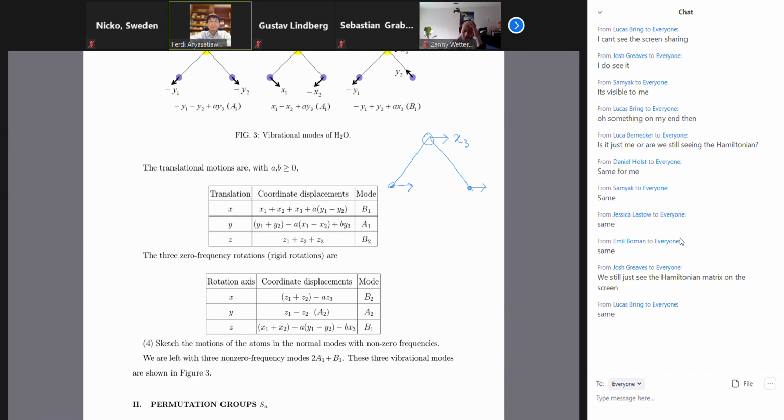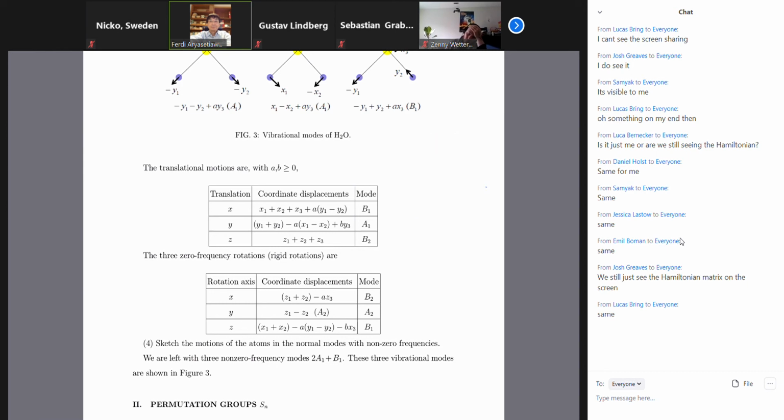This is my y2, and this is y1. Let me check that I got the right direction. Oh, sorry, it should be like this.